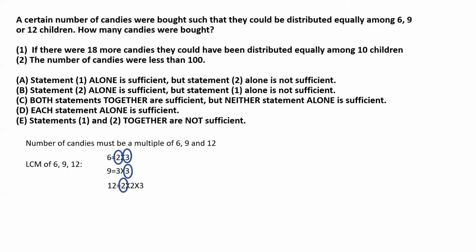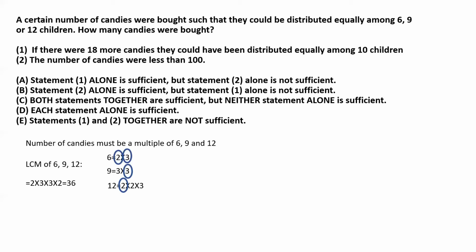So the LCM of 6, 9, and 12 will be simply the product of those factors that we have circled, which is 2 multiplied by 3 multiplied by 3 multiplied by 2, and that comes to 36.